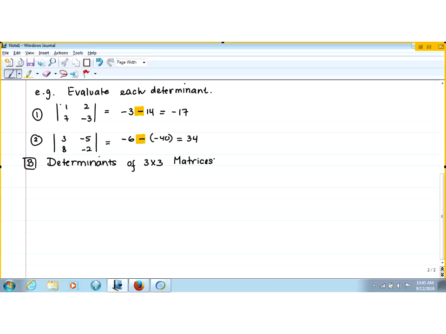So I am going to use two methods. The first one is using minor and cofactor. So B1, using minor and cofactor. All right.